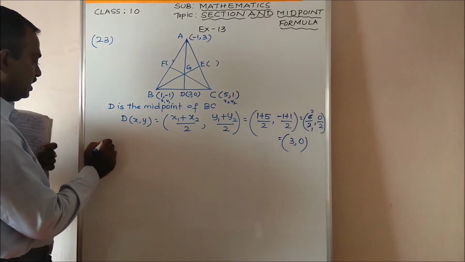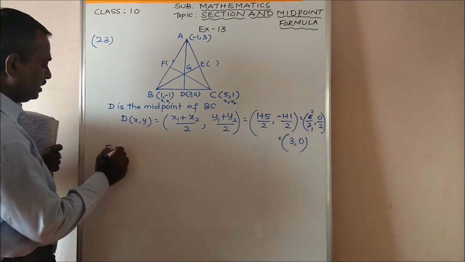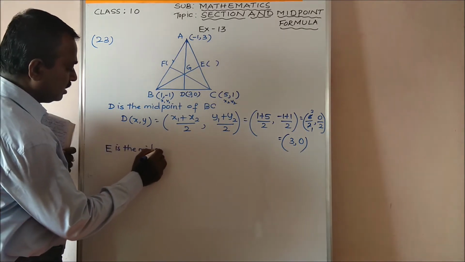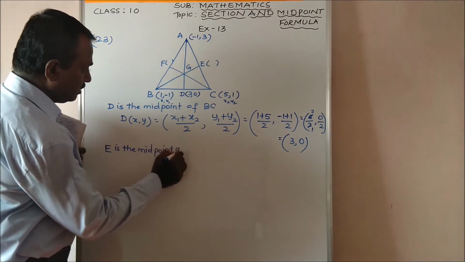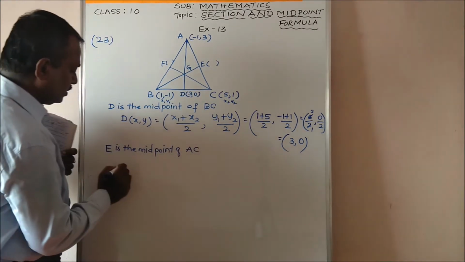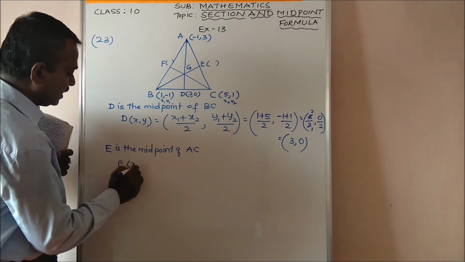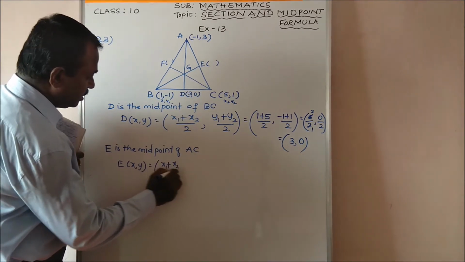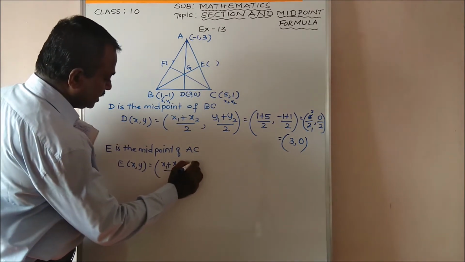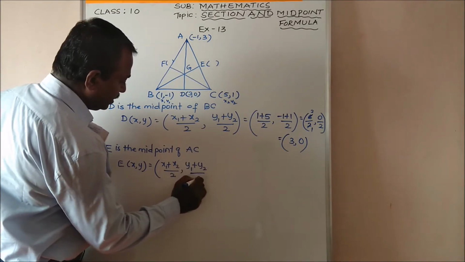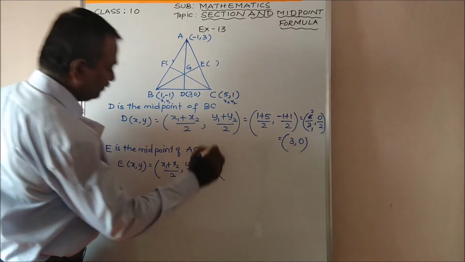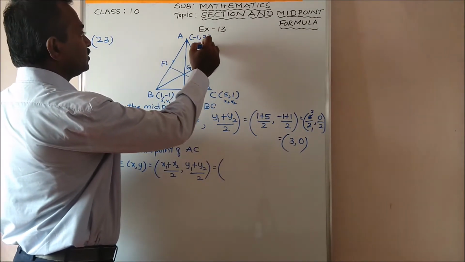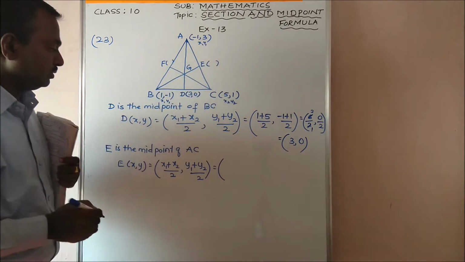Similarly, E is the midpoint of AC. So E of (x, y) is equal to ((x1 plus x2) by 2, (y1 plus y2) by 2). Now E is the midpoint of AC, so this is x1, y1 and this is x2, y2.